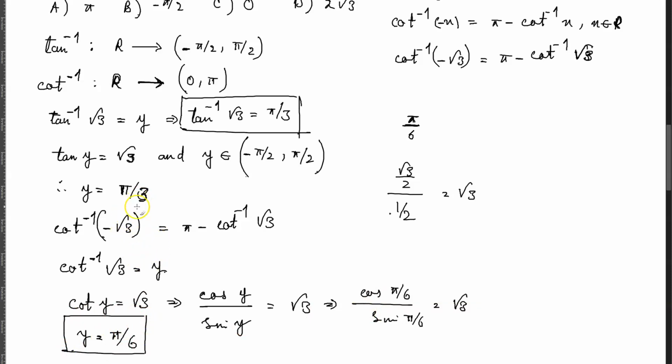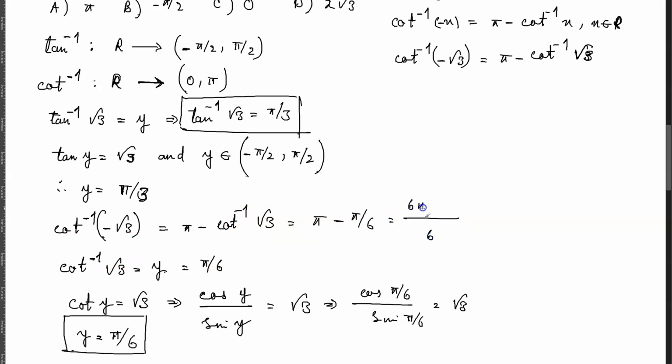What that means is that the cot inverse of square root of 3 is equal to pi by 6, which means that the cot inverse of negative square root of 3 is equal to pi minus the cot inverse of square root of 3, which is pi minus pi by 6.